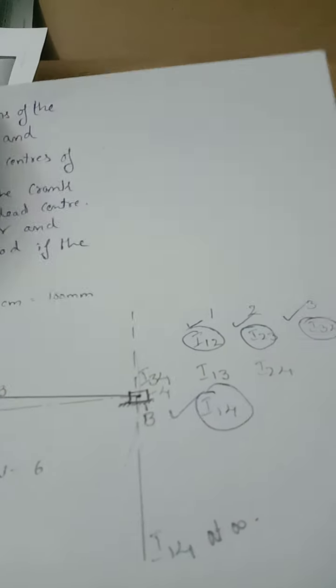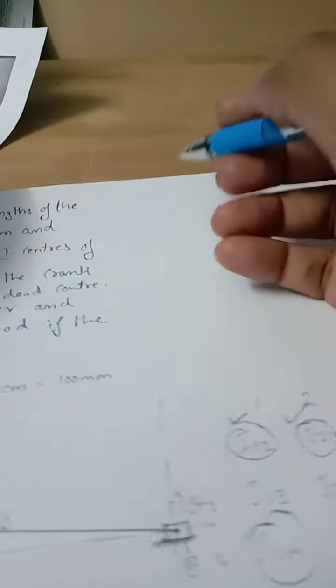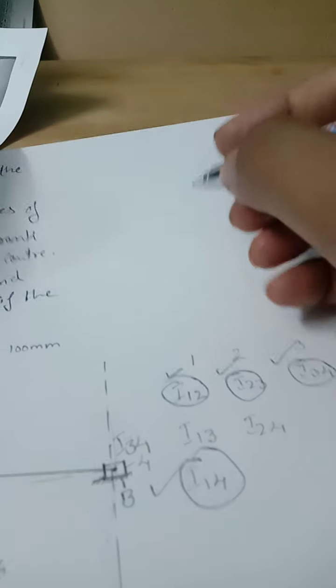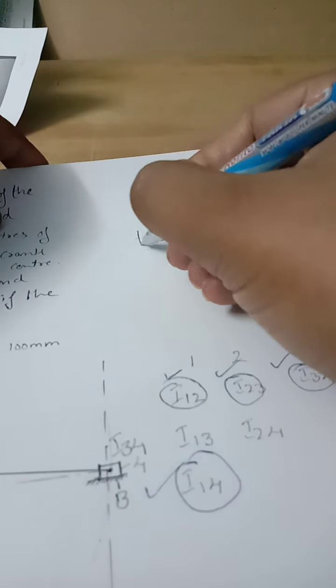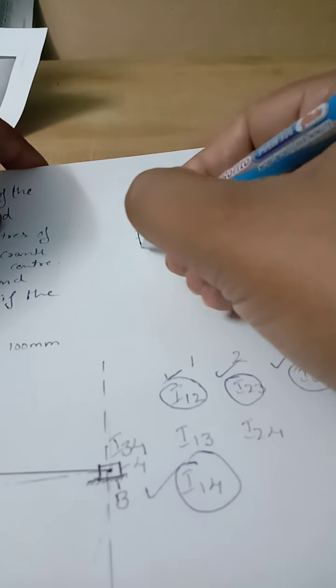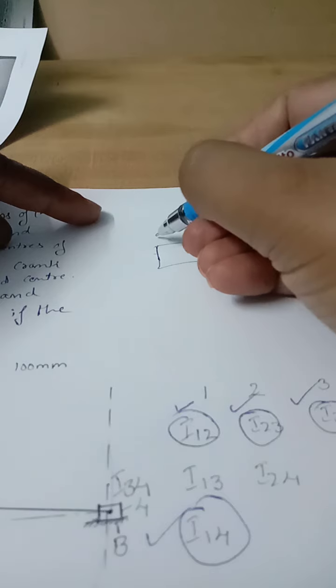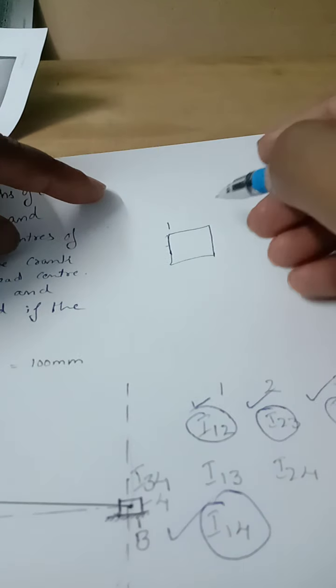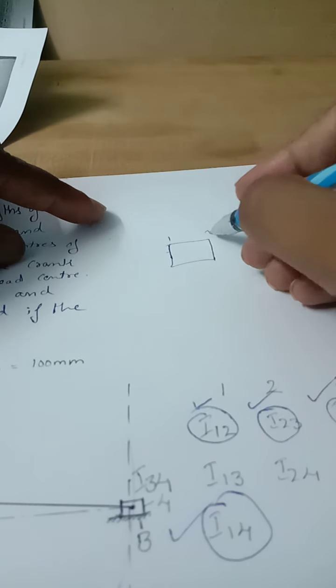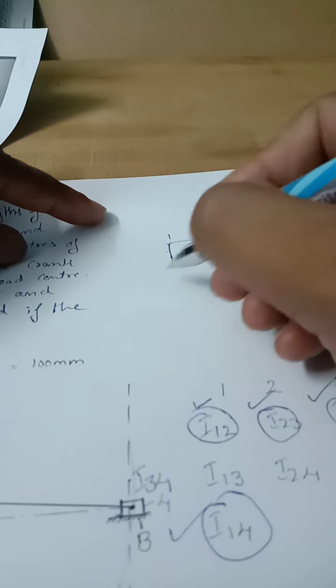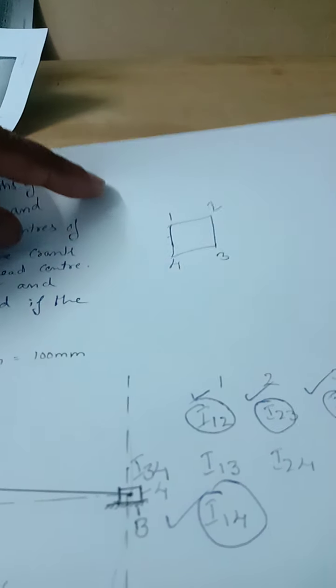How to locate that? Again I will use the same method we used in the previous problem. You can have a square, and starting from this point, number the square 1, 2, 3 and 4.